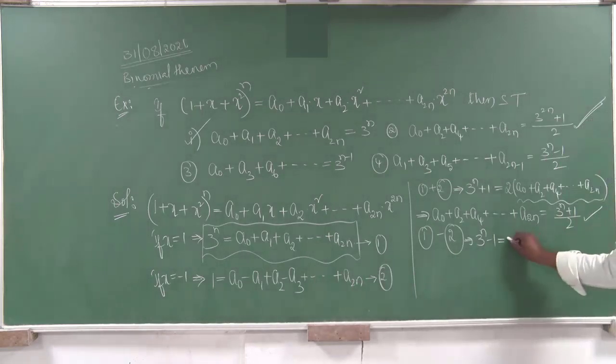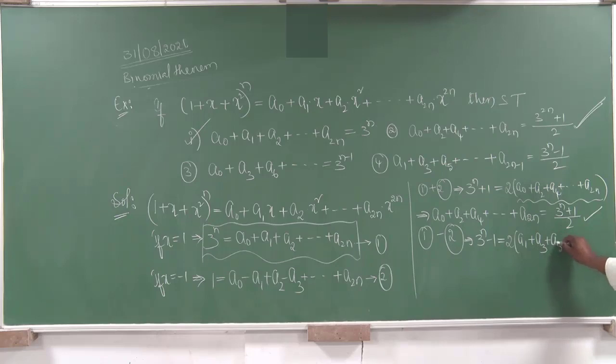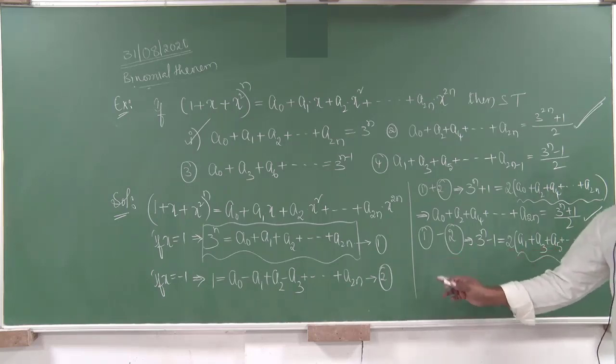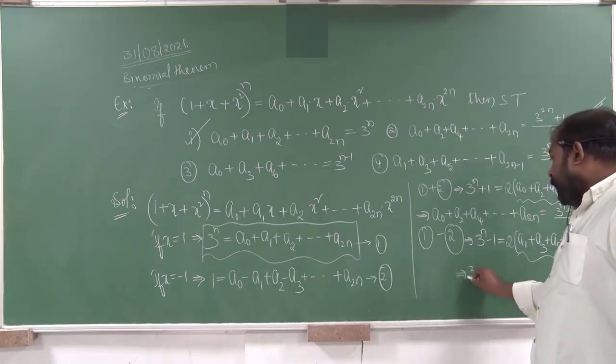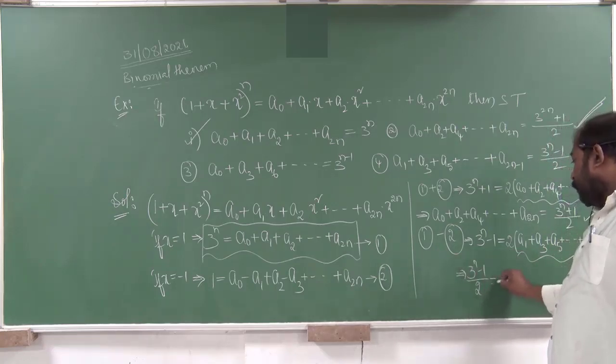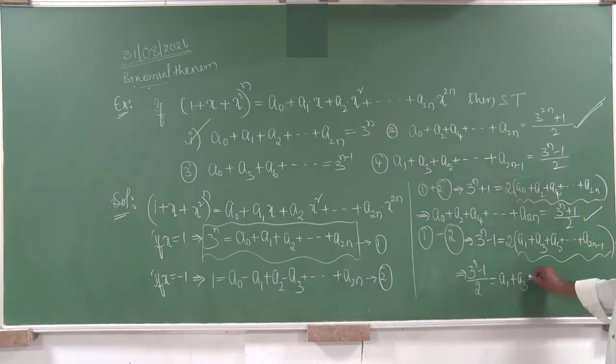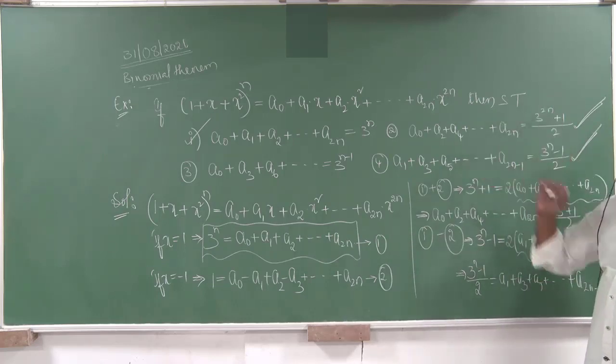That means 2 times a1 plus 2 times a3 plus 2 times a5 plus up to so on plus 2 times a2n minus 1. But my requirement is this value, so bring it to this side. Then here is the value you can get: (3 power n minus 1) by 2 is equal to a1 plus a3 plus a5 up to so on plus a2n minus 1. Of course, I got this value, my fourth result. So the first is completed, the second result is completed, the fourth result is completed.